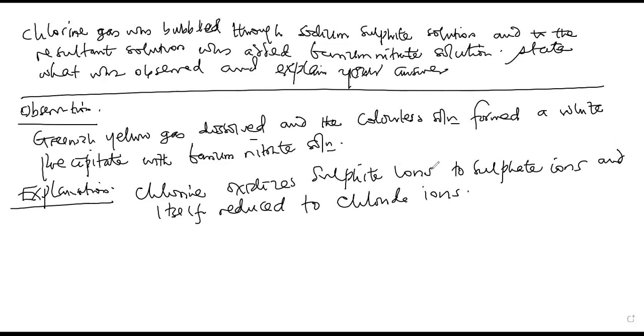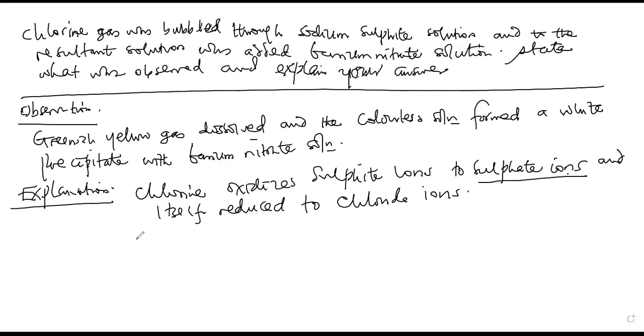Now, for this case, we have formed sulfate ions. So these sulfate ions are the ones that will combine with barium ions from barium nitrate to form barium sulfate.